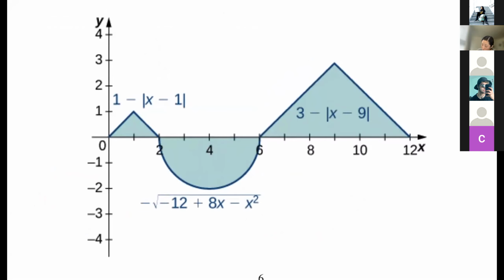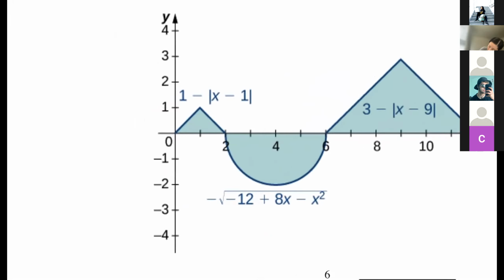Let's take a look at our diagram a little more closely. We've got a few different shapes here. What might be some good area formulas for me to write down before we start working on them? Area of a circle. Okay, so the area of a whole circle is... and we need to know about a triangle.